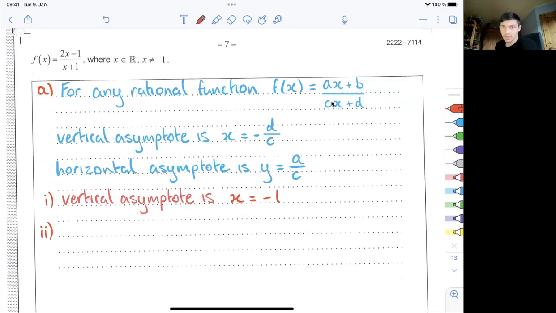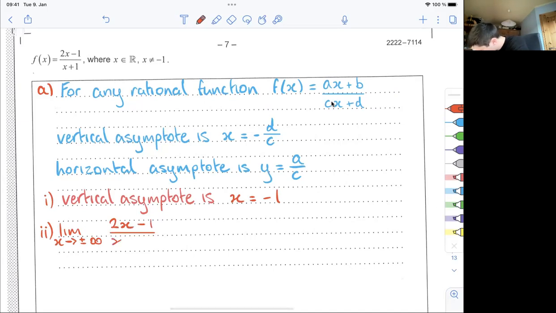I do want to illustrate or expand on this idea of the limit as x tends to positive or negative infinity. So if we write that down here, the limit as x tends to positive and negative infinity of (2x − 1)/(x + 1), what we end up getting is 2 lots of plus or minus infinity minus 1, over plus or minus infinity plus 1.